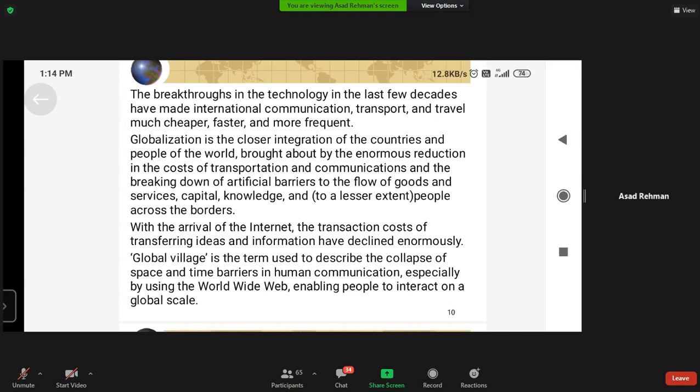So towards the end of slide number 10, it is very nicely written: global village is a term used to describe the collapse of space and time barriers in human communication, especially by using the World Wide Web, enabling people to interact on a global scale.